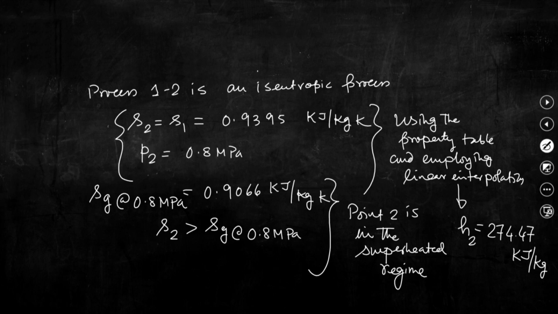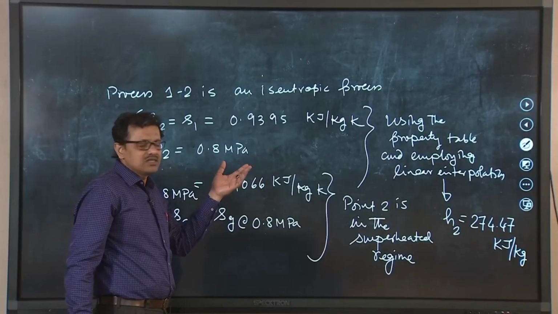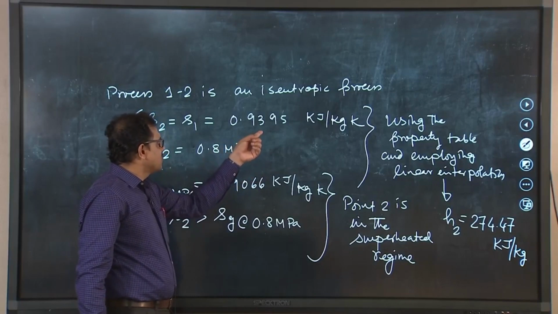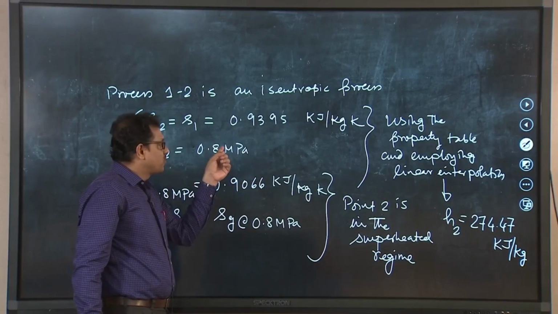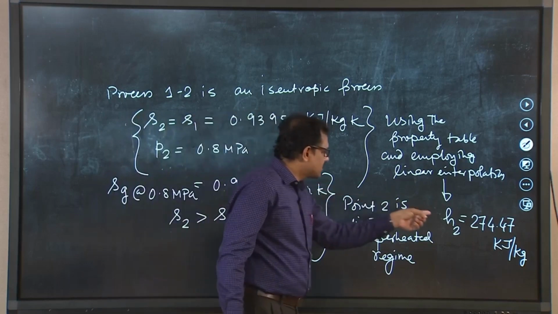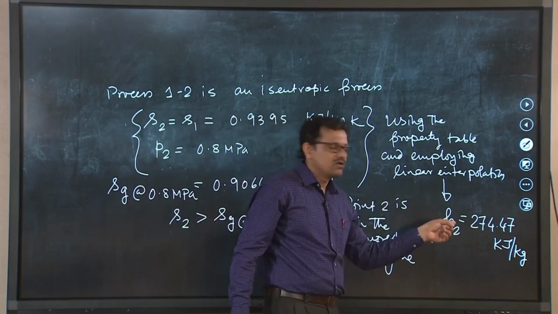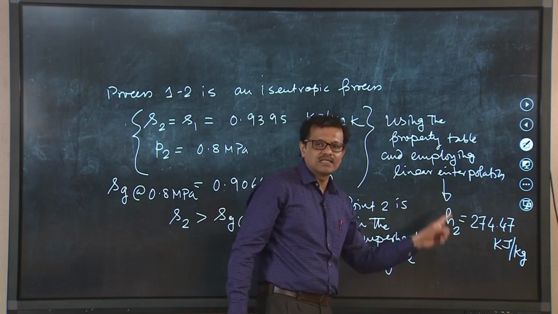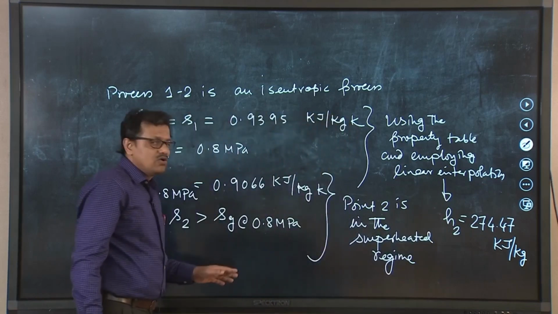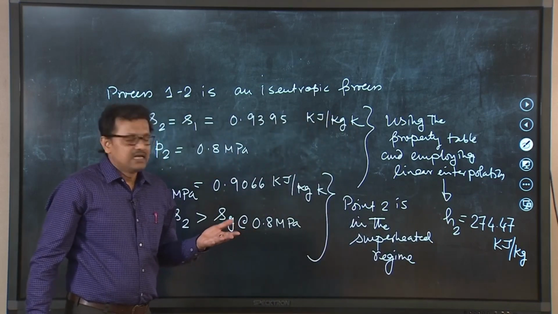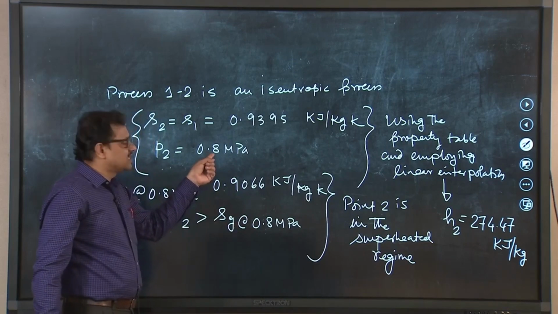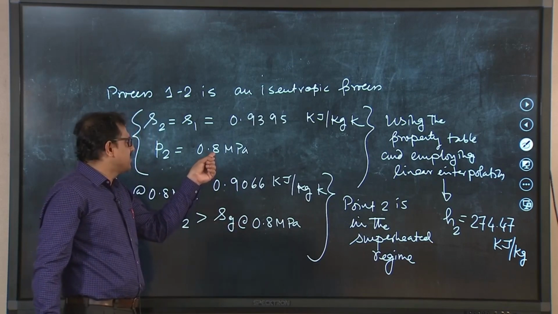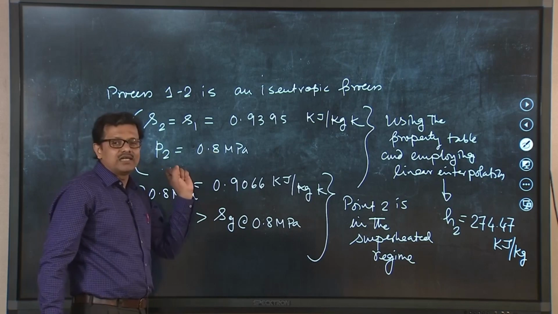In such a case, we need to go for interpolation twice, because neither the entropy nor the pressure we are interested in will be readily available. For 0.8 MPa it is readily available, but it may not be available for, say, 0.8135.